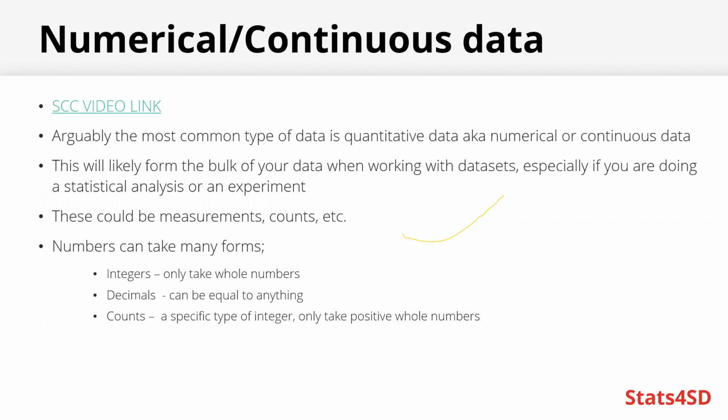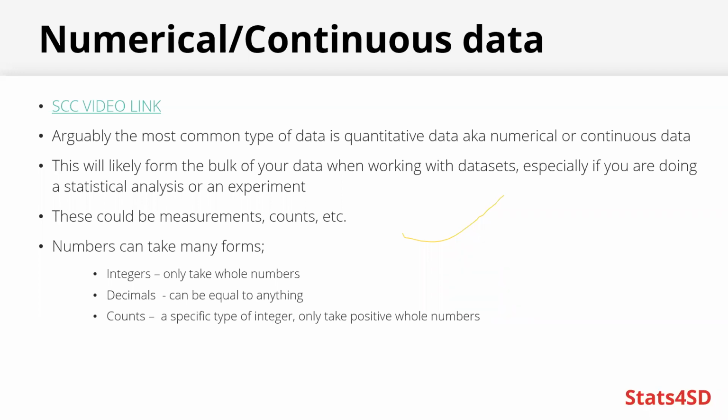And as we say in the video, quite a few types of questions such as household size and age will be what we call integers. So these will only take whole numbers, no decimal places. Things like yield or plot size may more likely be decimals.